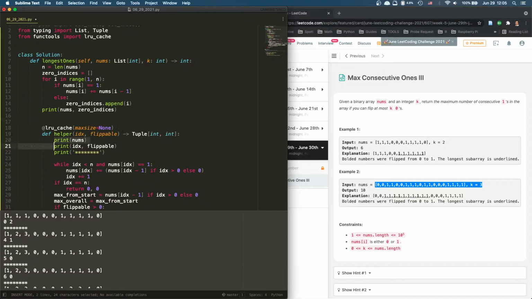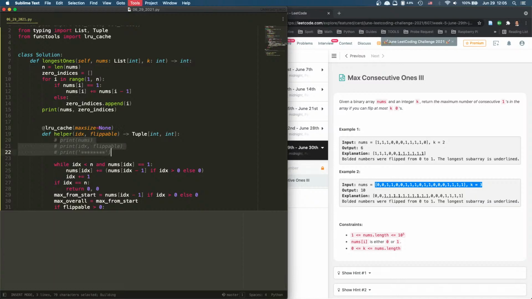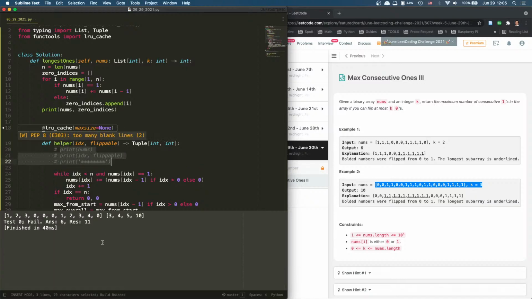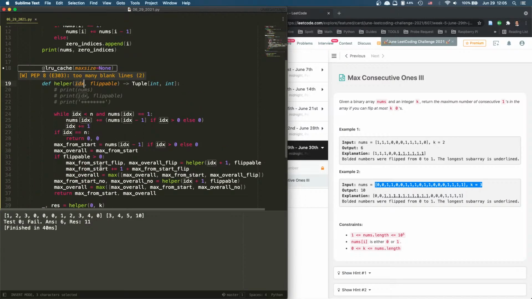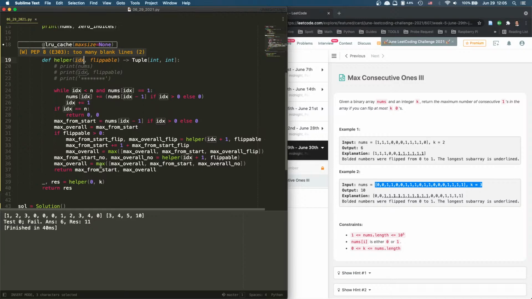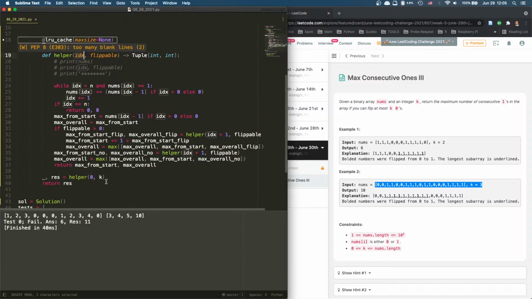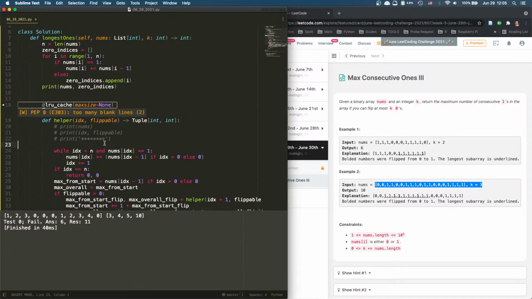Yep, that's the one. And then this index is going to be the 0 indices index. So we go 0 and k. That's still the same, but we don't have to do this.